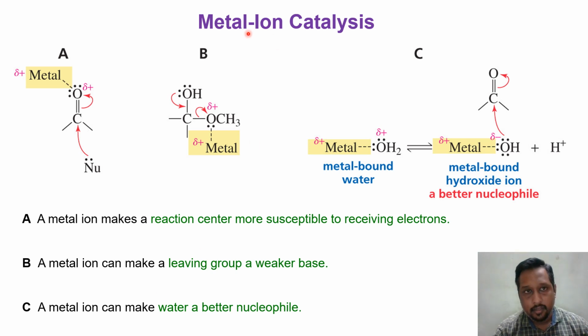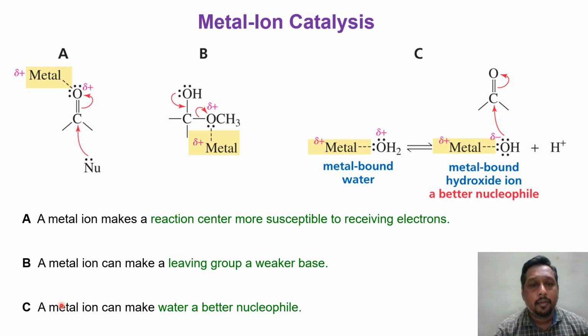Metal ion catalysis. Metal ion catalysis can have three types. Type A: the metal ion makes the reaction center more susceptible to receiving electrons. So if you look here, the carbonyl oxygen gets coordinated to the metal, increasing the electrophilicity of the carbon, thereby a nucleophile can attack easily.